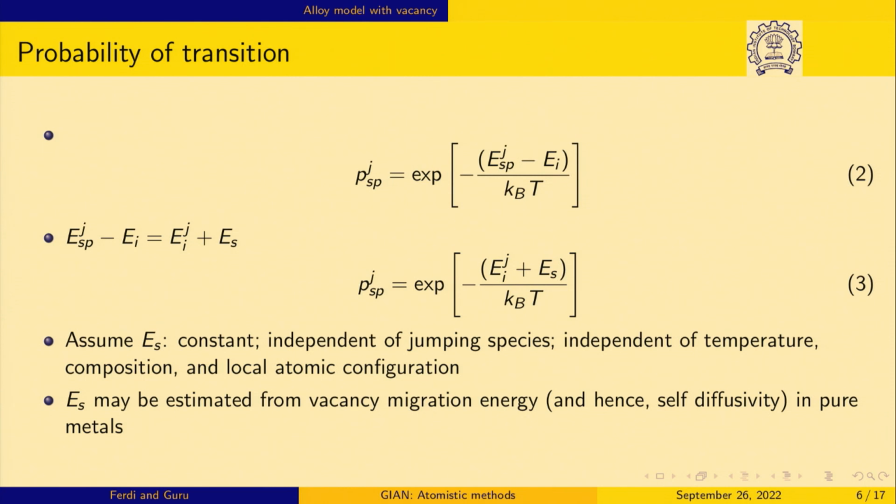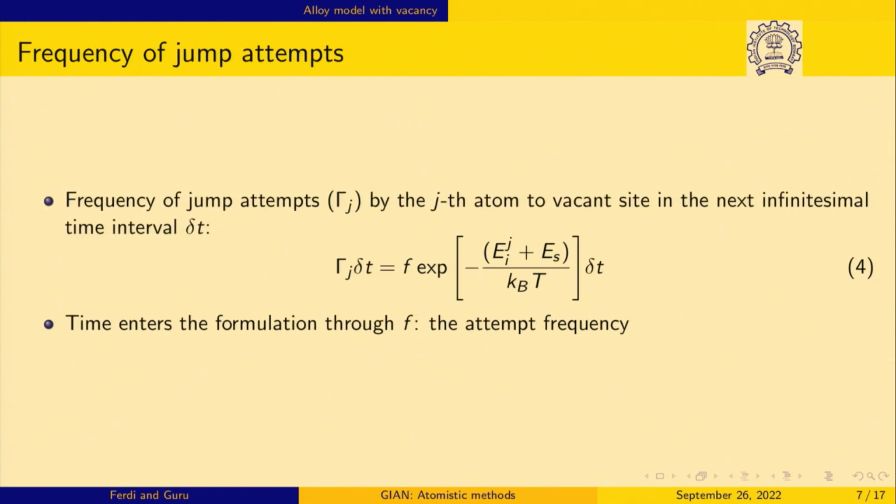Ferdi also showed the way of matching the diffusivity by tweaking the energy parameters and getting the frequency of jump attempts by the jth atom to the vacant site. So, let us say that I have another atom J, and it makes an attempt to reach the vacancy.